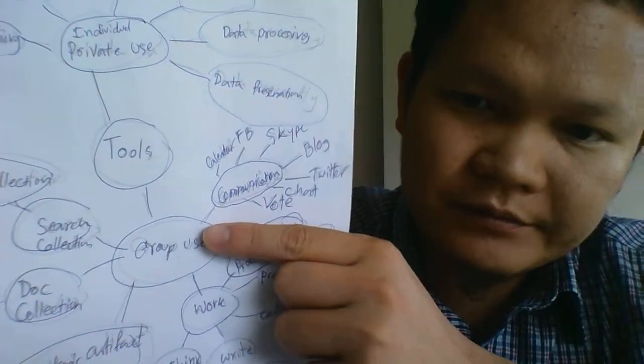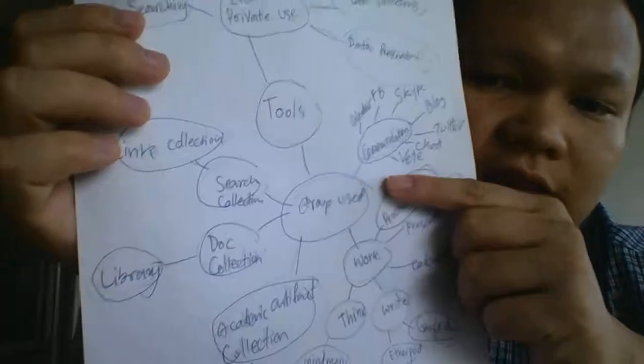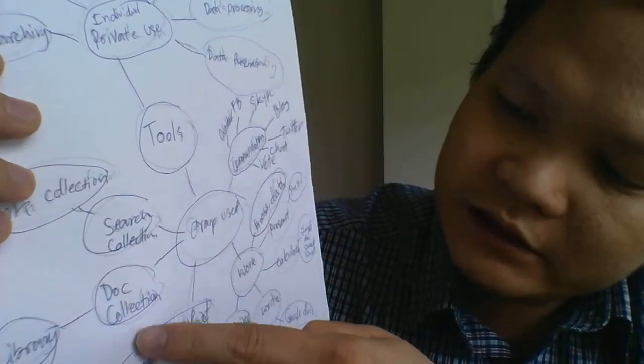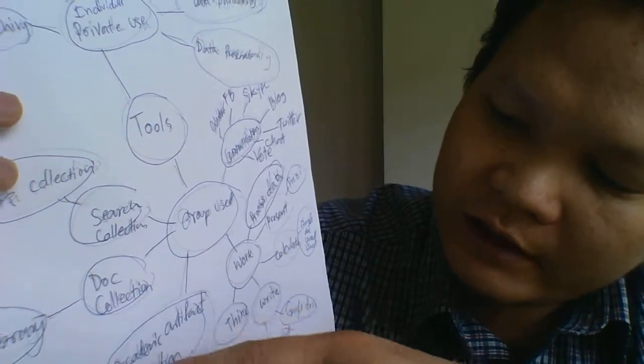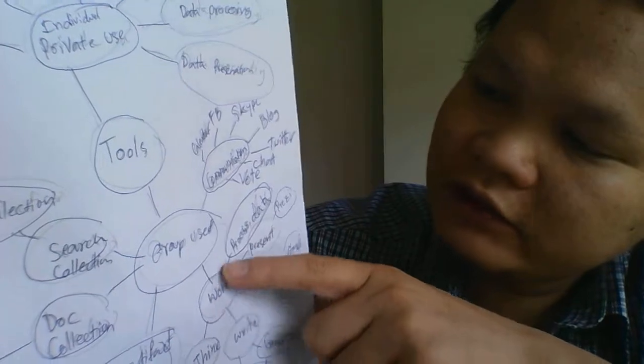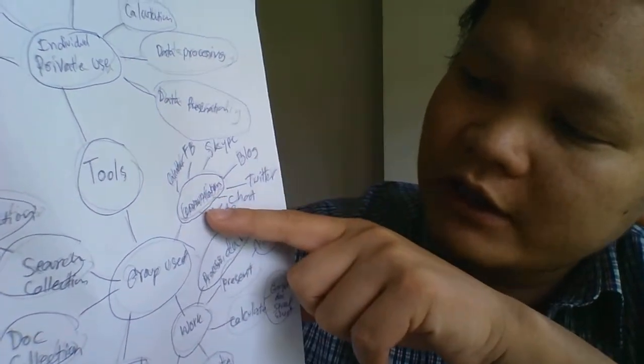And then we have to think about group work, group use of tools. What can be the activities for group use of tools? You have a collection: a document collection and other artifacts. Then you have work to do, then you have communication. What tools support your communication?